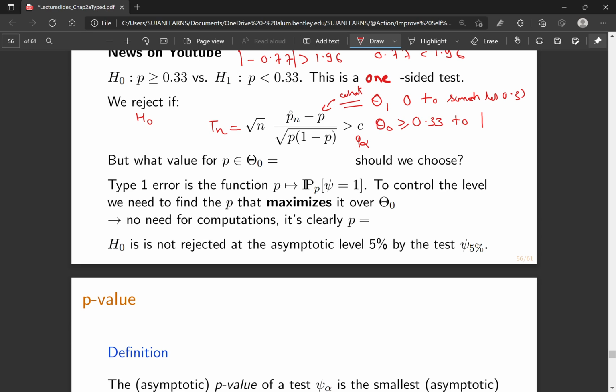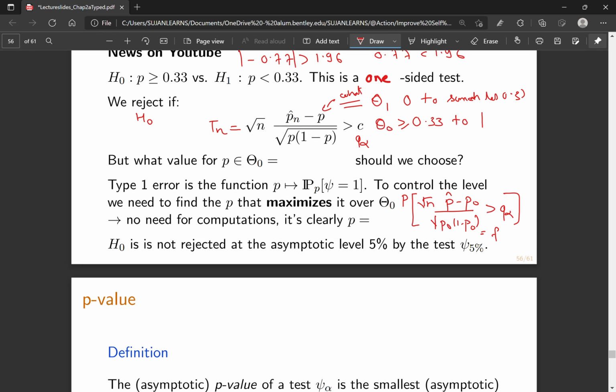What we are trying to do is look for a probability such that square root of n (P hat minus P naught) over square root of P naught (1 minus P naught) is greater than q alpha.